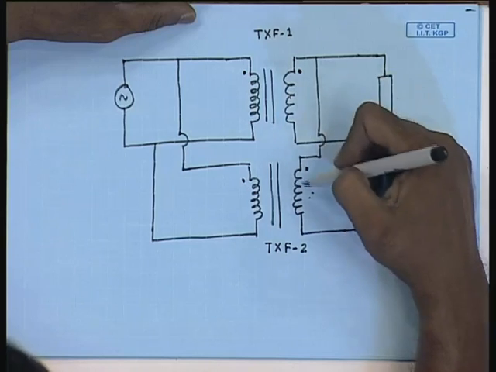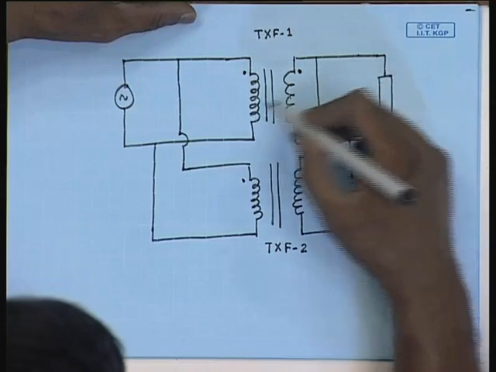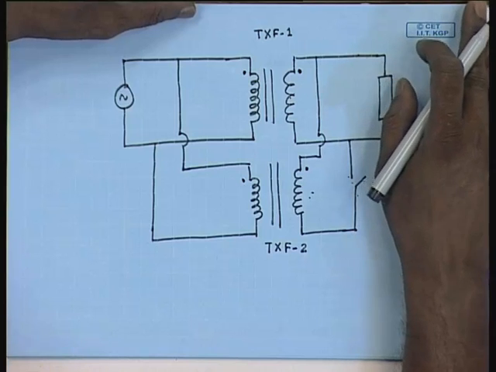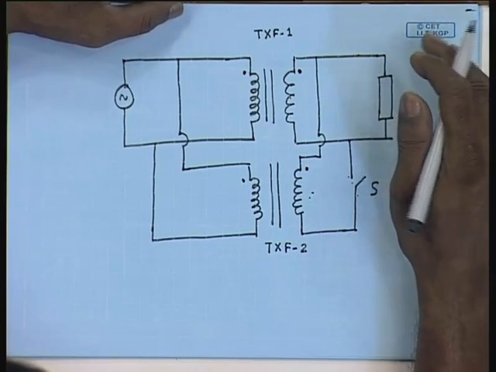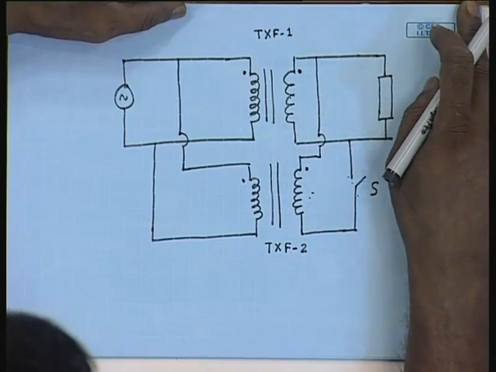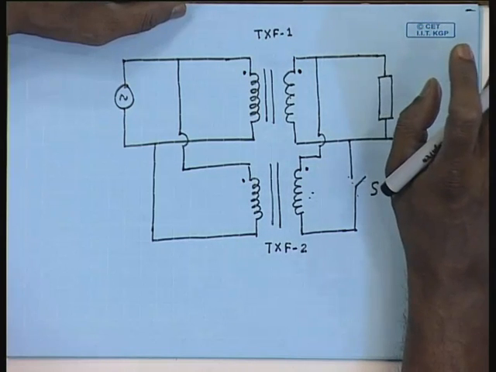So even at no load, a very large current can flow if the no load voltages of the two transformers are very different. So the transformers to be connected in parallel should have the instantaneous correct polarity terminals connected together, and their no load voltages should be very close, if not exactly equal.